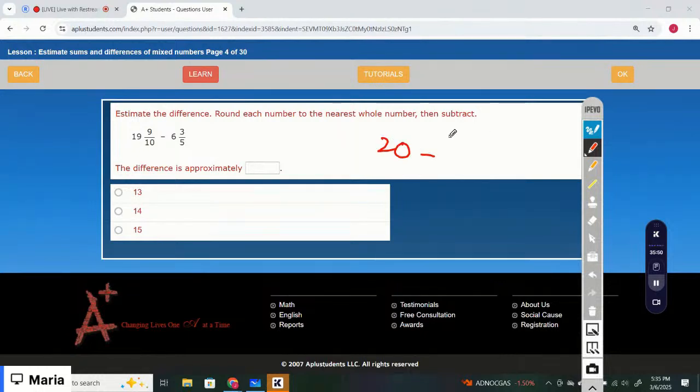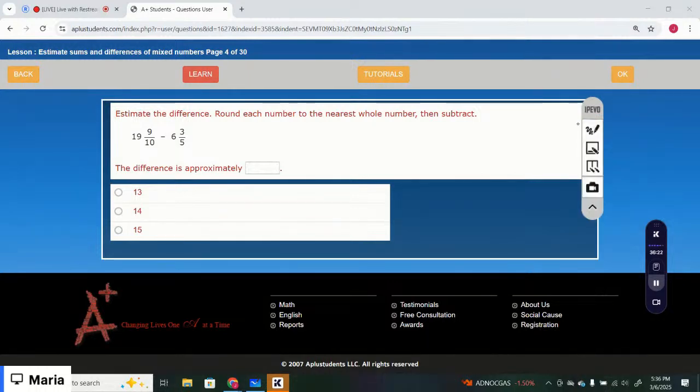And 6 whole 3 over 5 is rounded up to 7, so 20 minus 7 equals 13. Option number 1 is the correct option.